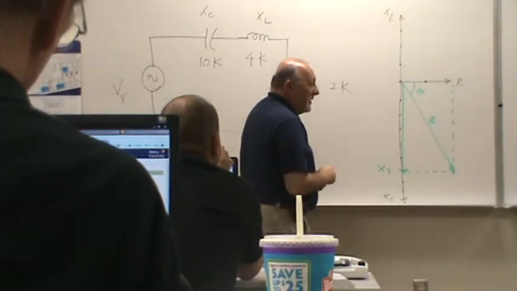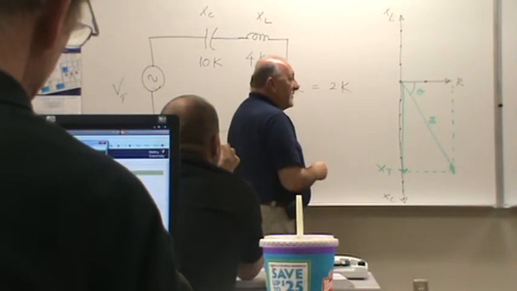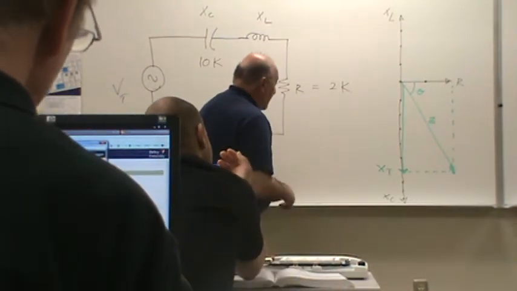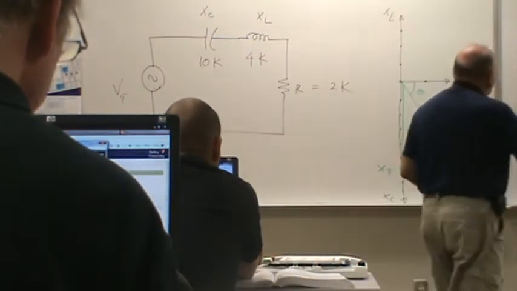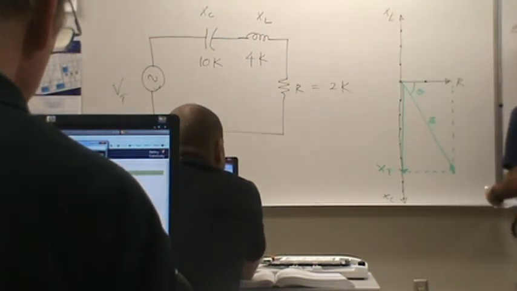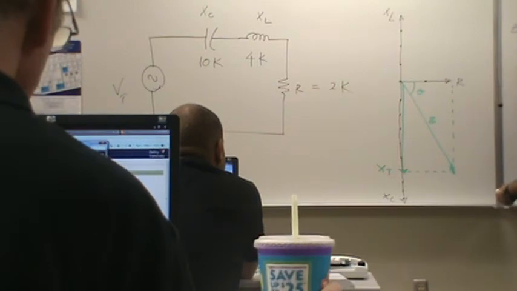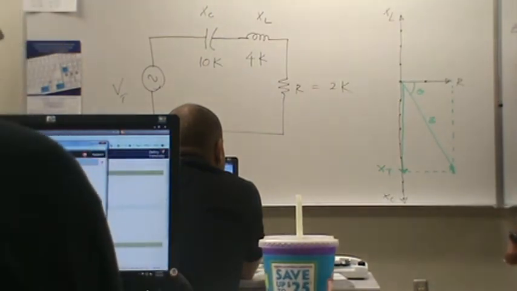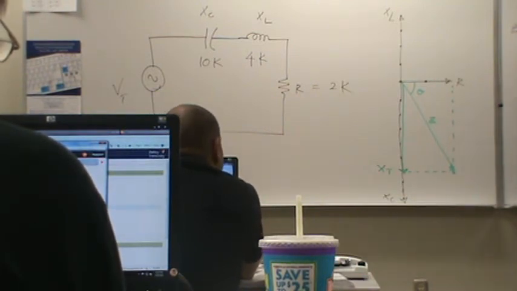So here now we have Z. If I want to find Z, then Z is going to be equal to the square root of R squared plus X of L minus X of C, squared.